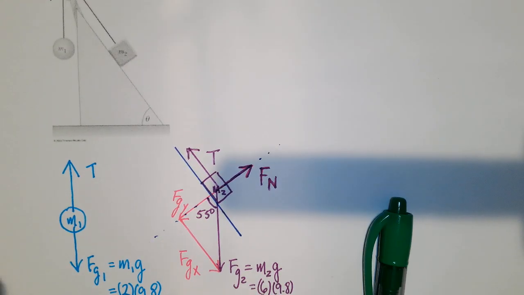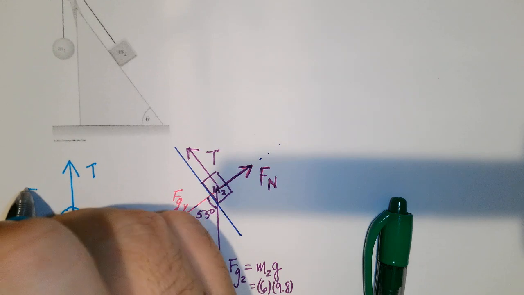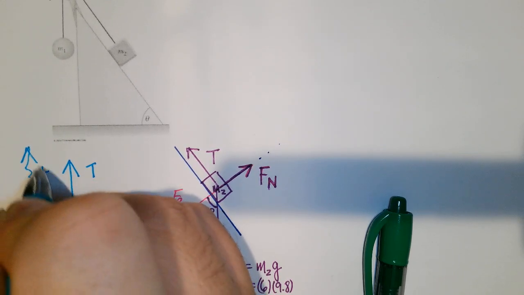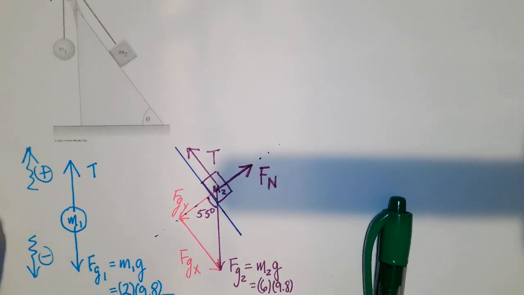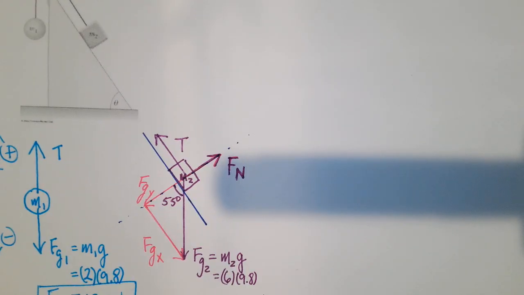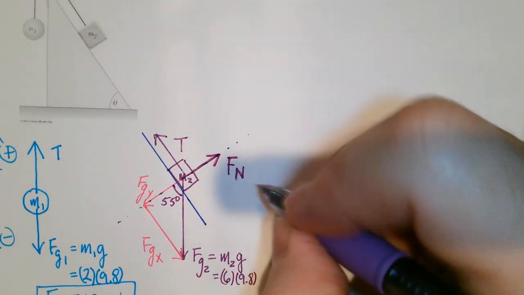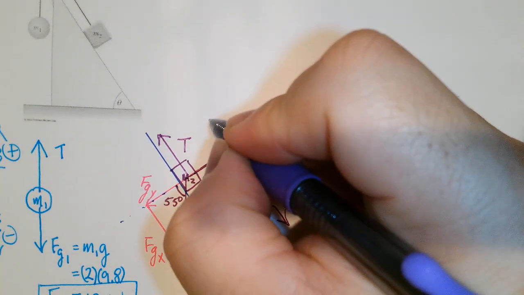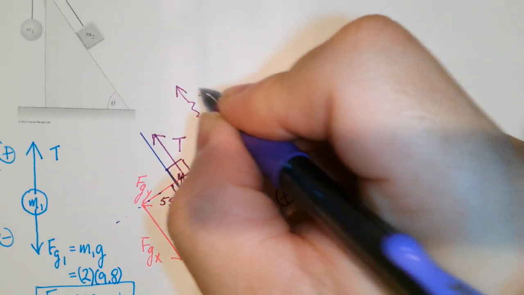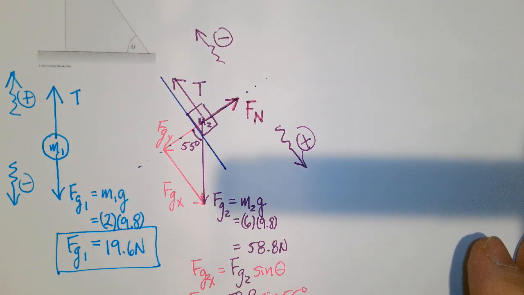That means for my M1, this is the positive direction, and this is the negative direction. And for M2, this direction is positive, and this direction is negative.